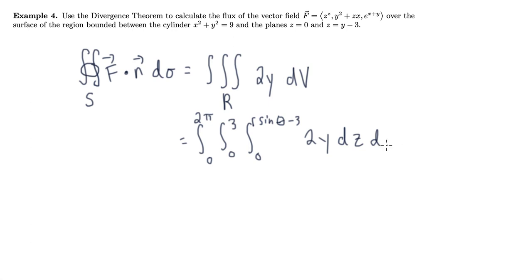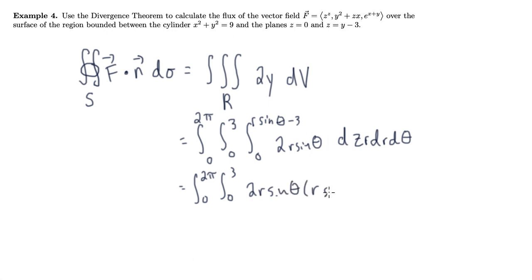And don't forget that we actually have an r dr d theta. And the 2y, we can put in polar coordinates as 2r sine theta. Alrighty. And so this is the integral 0 to 2 pi, 0 to 3 of 2r sine theta times r sine theta minus 3.